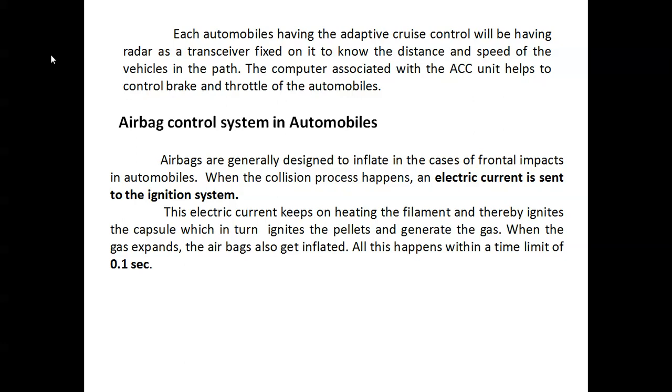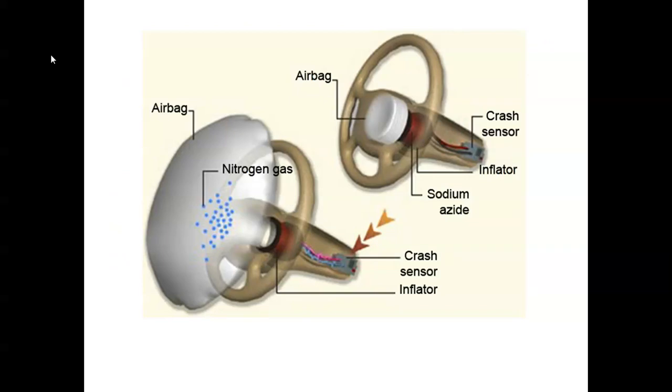When the collision happens, the electric current is sent to the ignition system. That electric current keeps on heating the filament and thereby ignites the capsule, which generates gas. When the gas expands, the airbag is inflated. All of this happens within 0.1 second. So the parts are the airbag, crash sensor, and inflator, with sodium azide and gas.